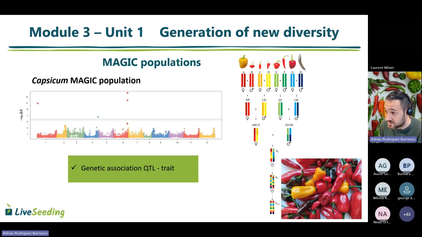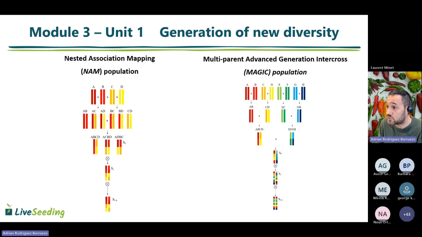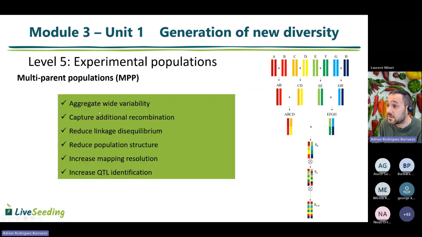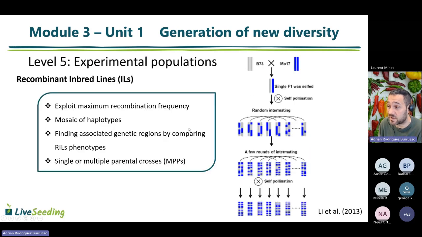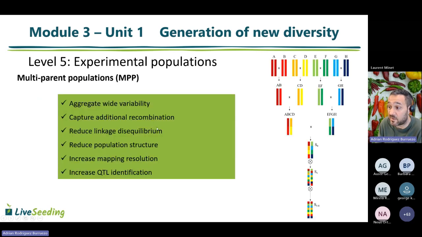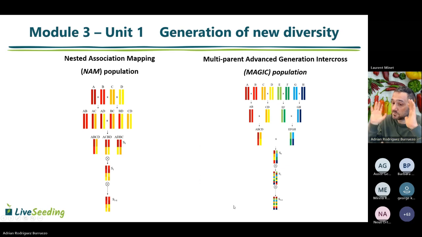And I'm talking about MAGIC populations, but also NILs, other multi-parent populations, or inbred lines, or recombinant inbred lines, which are the RILs. So they have 2 applications: the experimental one, genomics searching for genes, etc., but also they can be applied in organic breeding.